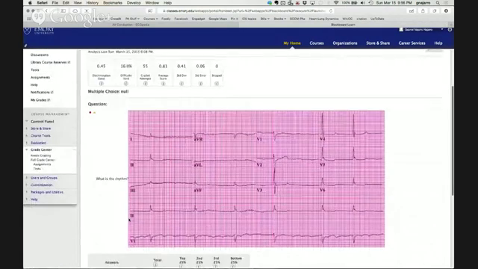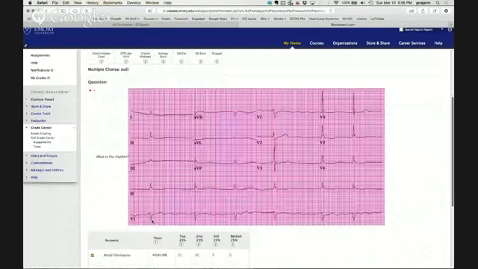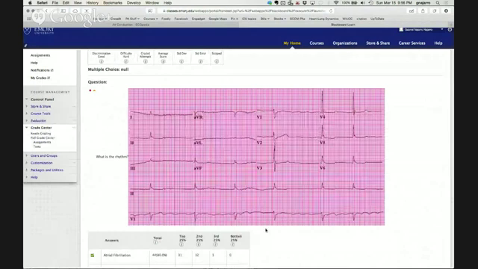One more. So this one, the QRS intervals are irregular, right? You can pretty clearly see that this one is much longer than this one, and is different than these. So we say it's irregular. It's an irregular ventricular response.